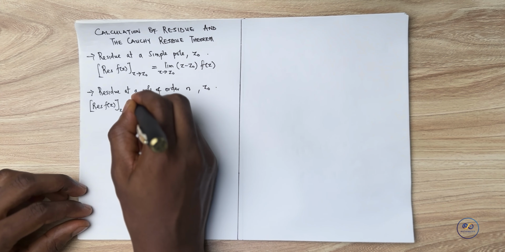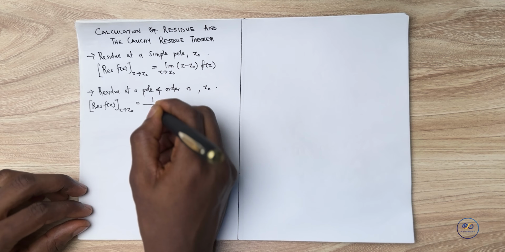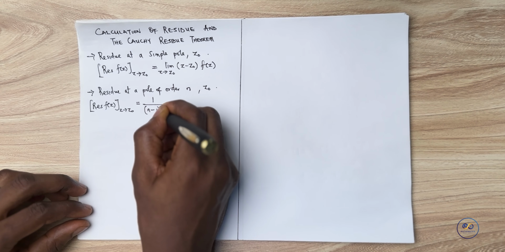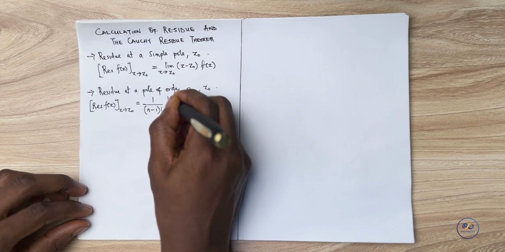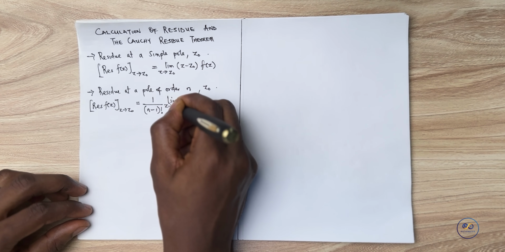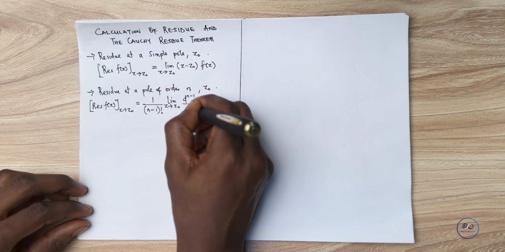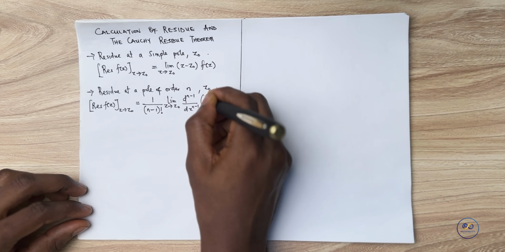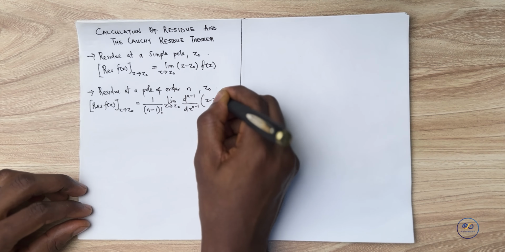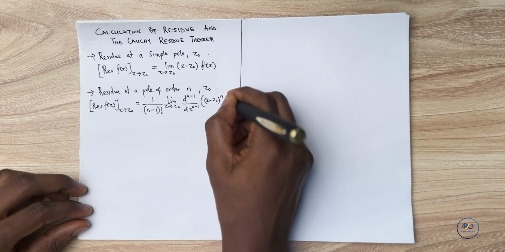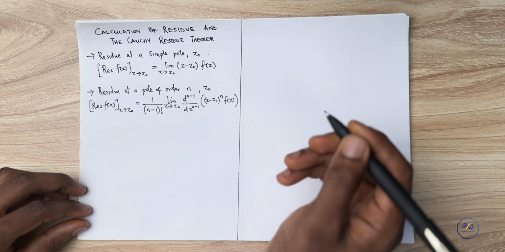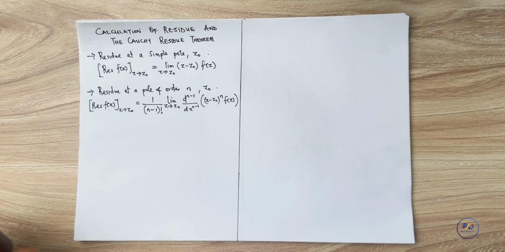We state it as 1 divided by (n minus 1) factorial, times the limit as z tends to z0 of the (n minus 1)th derivative of (z minus z0) raised to the power of n times f of z. There we go. This formula is the generalized formula for finding the residue at a pole of order n.